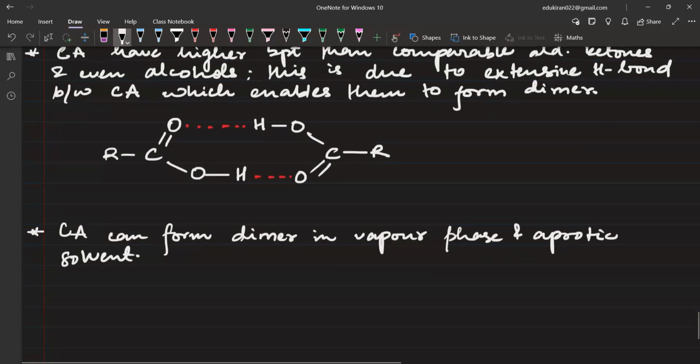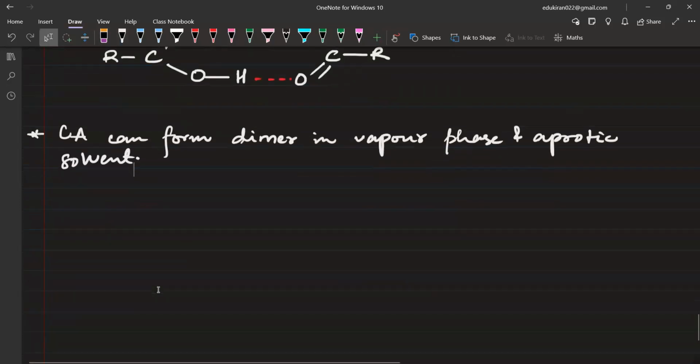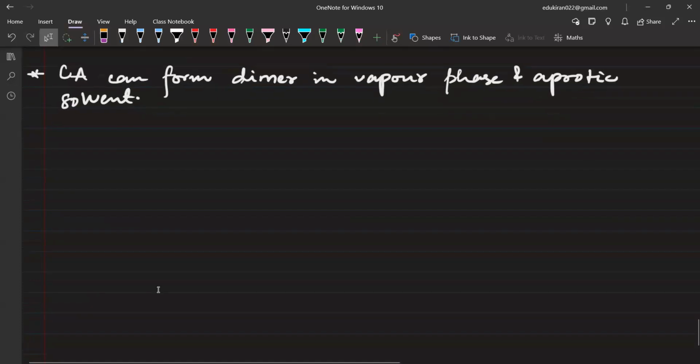That means when it is in vapor, and aprotic form, that means when it is in solvents such as benzene, carbon tetrachloride. These are aprotic solvents. Aprotic means the solvents which do not have OH type of bonding. ठीक है, जैसे इथेनॉल हो गया, वाटर हो गया, ऐसे में नहीं. बट इफ इट इज इन एप्रोटिक सॉल्वेंट, बेंजीन वगैरह में है, तो फिर आराम से क्या करता है, फॉर्म करता है डाइमर.